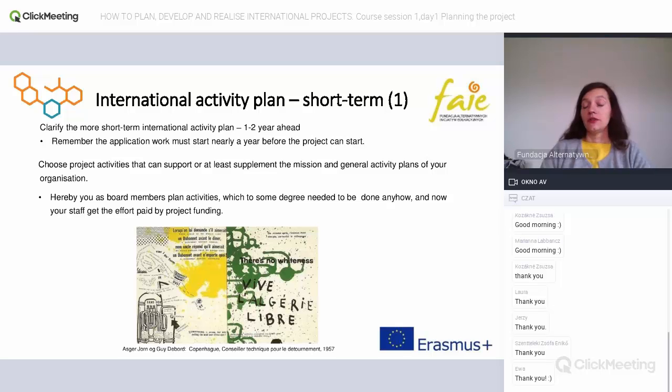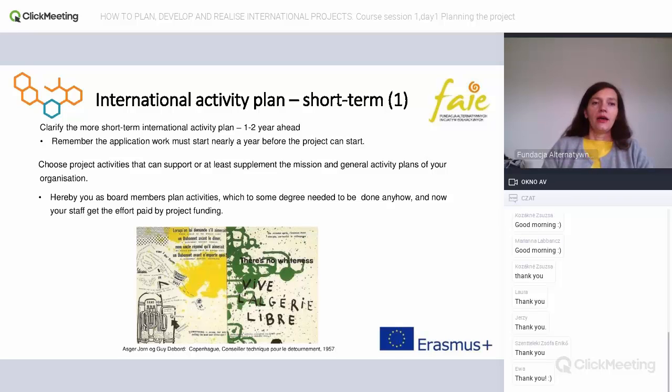Then there is a time needed for developing your project. Then you wait for an assessment. And from the time you start planning and the time that you learn, yes, your project was successful, you can realize it, it may be a year, sometimes even more. So it's worth to remember that this is a process. You need to plan a time for this process, and you need to be patient, because this is the way it looks like.